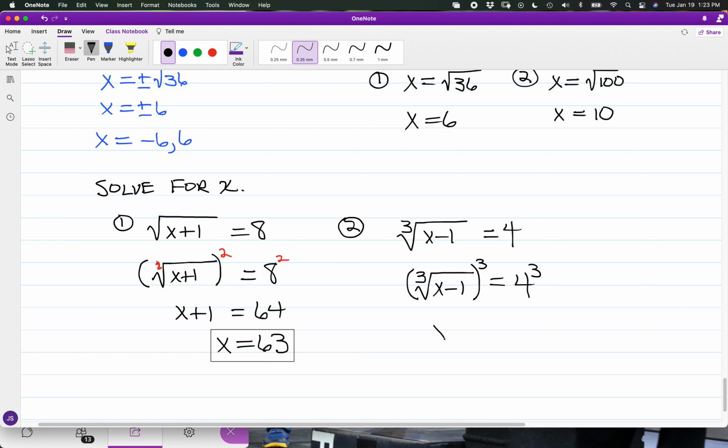They will cancel each other out and remove the radical completely. And like 8 squared, we got 4 to the third is equal to 64. And for x minus 1 equal to 64, add 1 to both sides, and we have x is equal to 65. And the cubic root of 65 minus 1 is 64, and the cubic root of 64 comes out to 4, since 4 times 4 times 4 is 64.